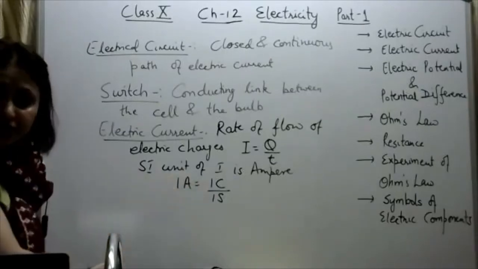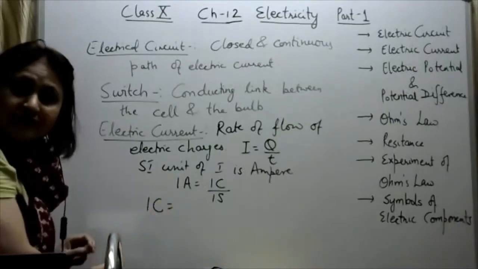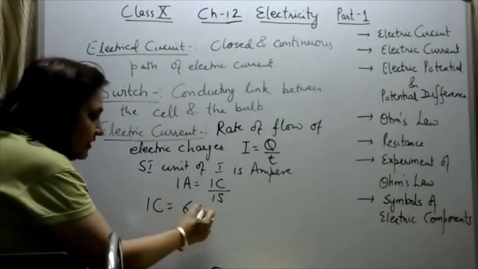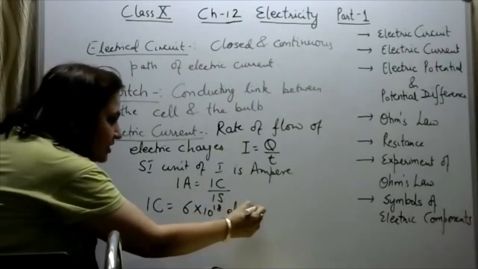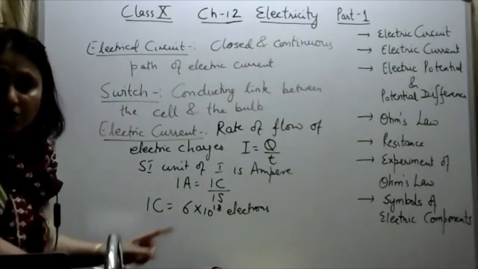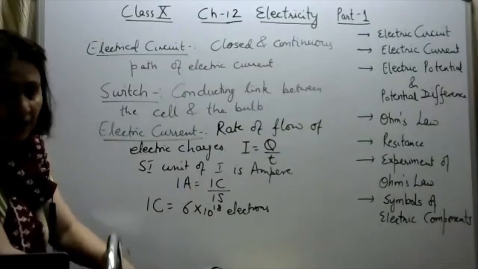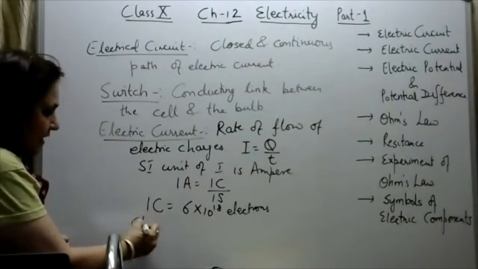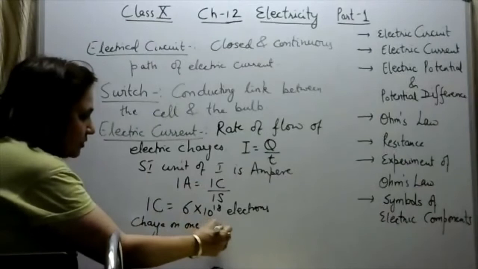Now the unit of charge is coulomb, where 1 coulomb is equal to the flow of 6 into 10 raised to the power 18 electrons. If 6 into 10 raised to the power 18 electrons flow through a wire, then we say that the charge flown is 1 coulomb. From here we can find the charge on 1 electron.